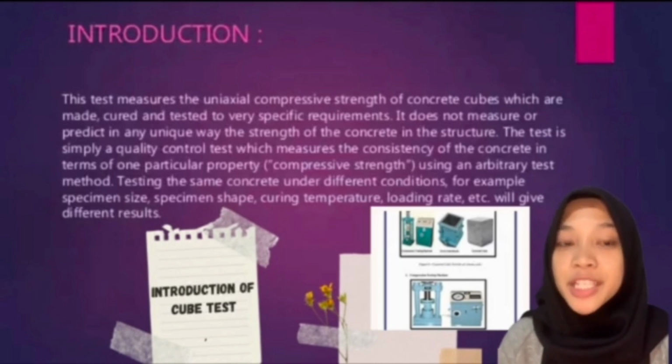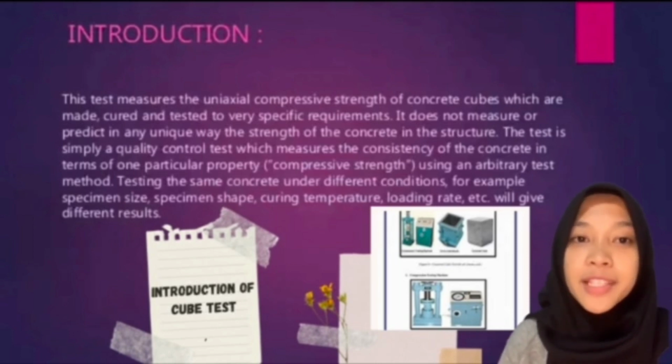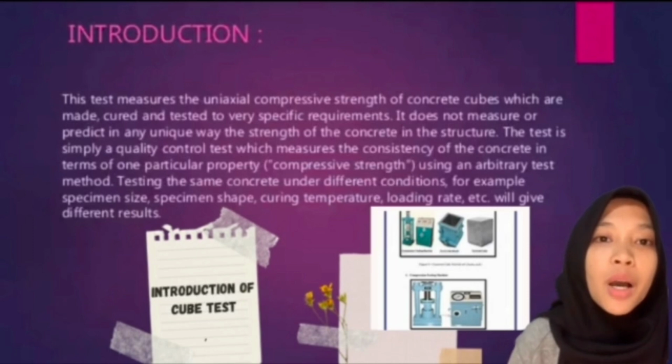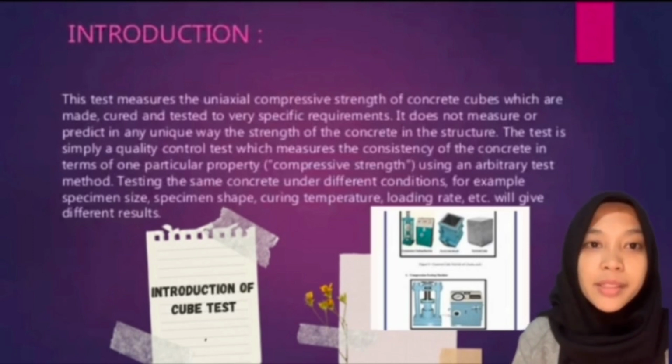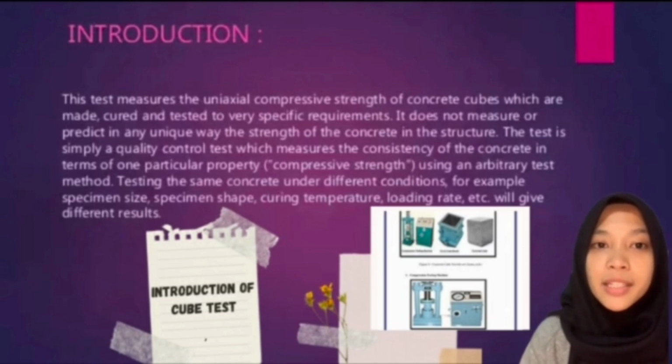The test measures the unusual compressive strength of concrete cubes which are made, cured and tested to various requirements. It does not measure or predict in any unique way the strength of the concrete in the structure.